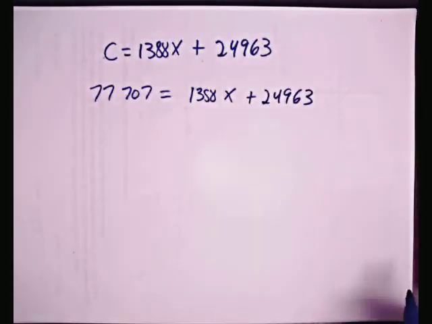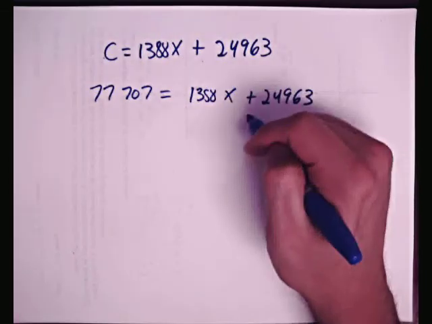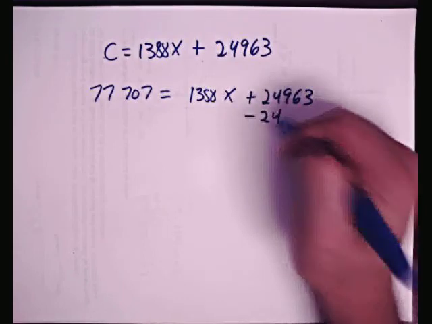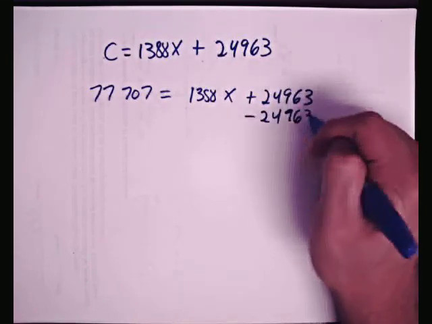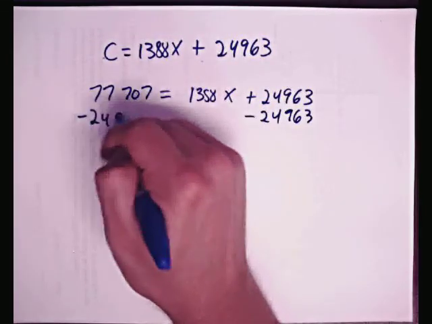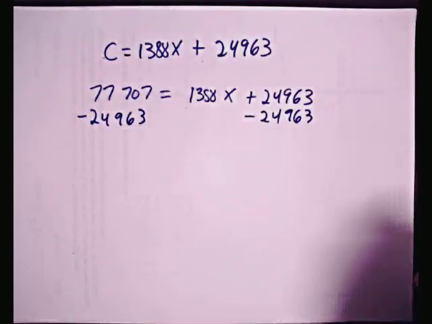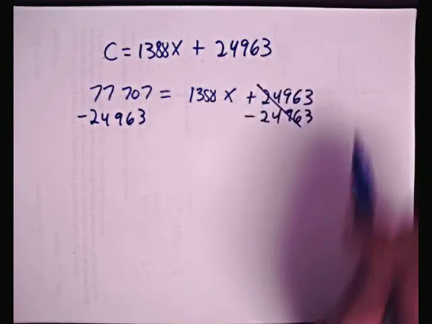Okay, so we want to solve this equation for x. So just like our other ones, except with just slightly larger numbers. So we'd want to start by subtracting 24,963 on both sides. And when we do that, we can cancel on the right, since that equals 0.